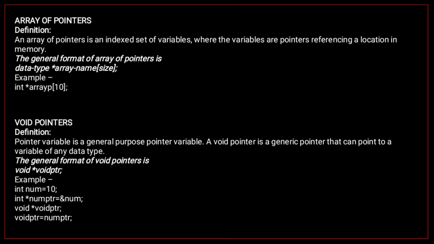The general format of an array of pointers is data type, star, array name, and size of array, semicolon. So see the example: int *array_of_p[10]. Now this is the best example of how to use an array of pointers.